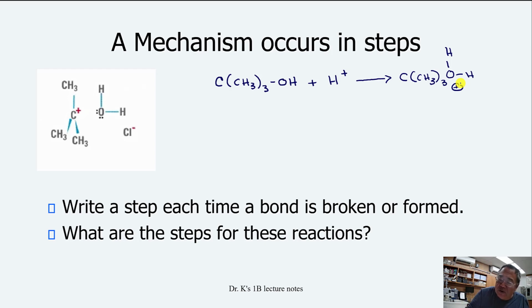The next thing that happens, remember, every time you break a bond or make a bond, that's a step. The next thing that happened is you broke a bond. The bond that you broke was between the carbon and this oxygen, okay? So that's actually another step. So I have CCH3, and then OH like this.